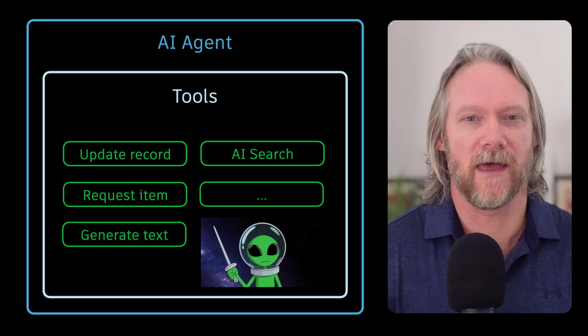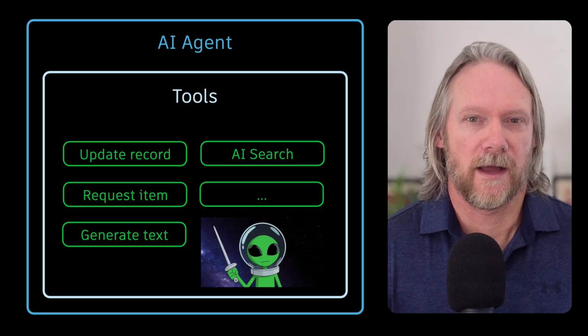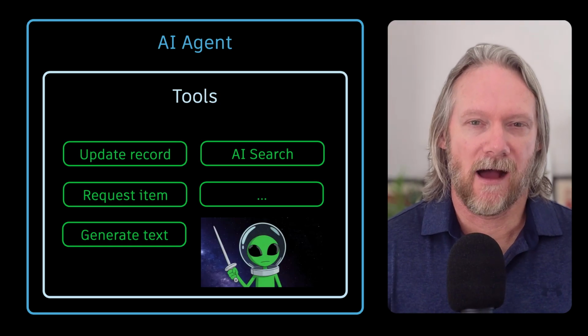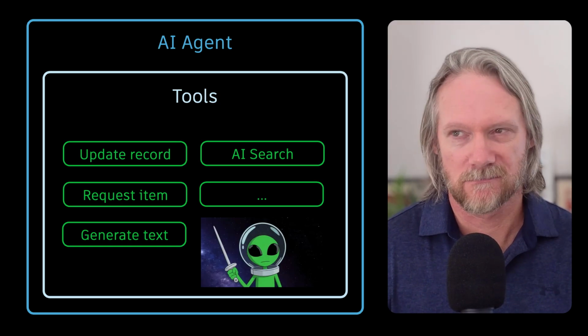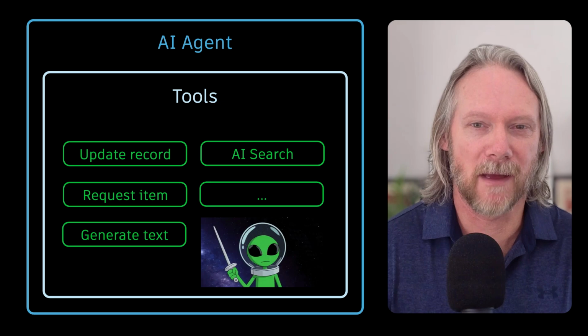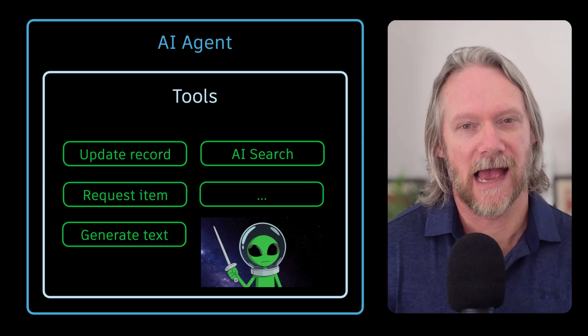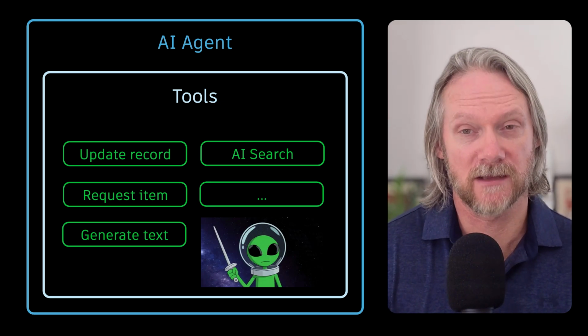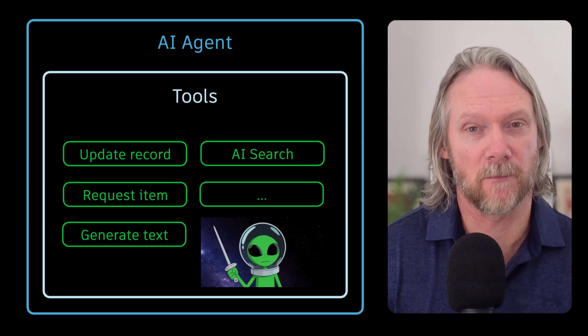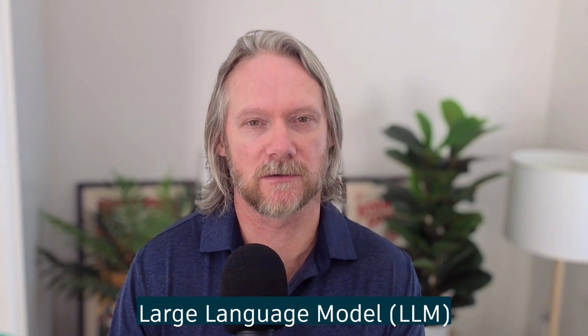What do I mean by that? Why do we actually call it an AI agent and not some other name like smart agent? Well, remember that the AI agent has a toolbox from which it can select the right tool to perform a job. But how does this selection take place? The method and the logic behind the selection uses a large language model.